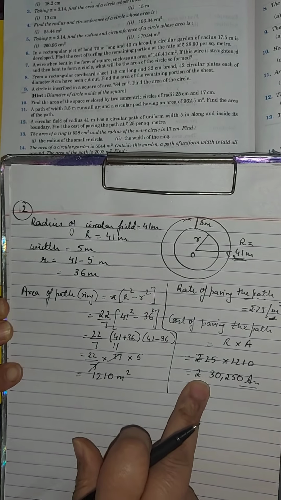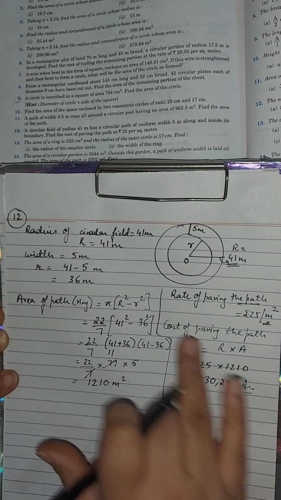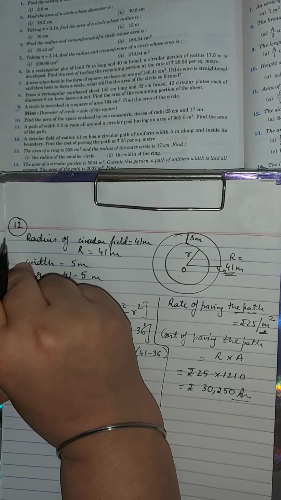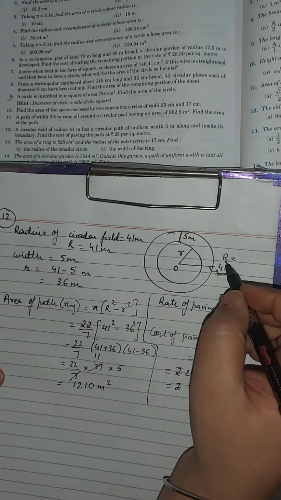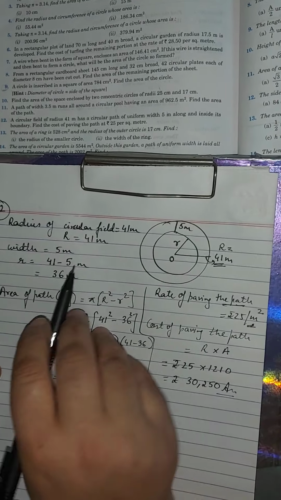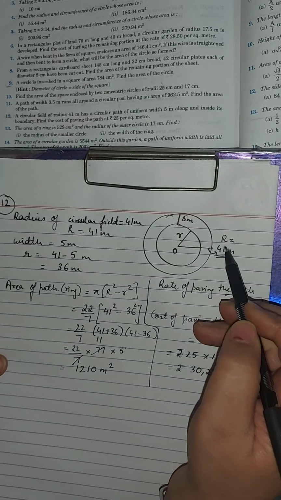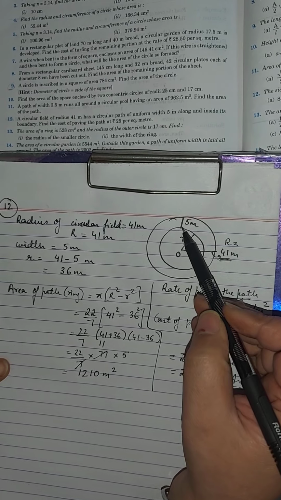You will do the calculation yourself and you will find the cost of paving the path. It is a simple trick in these type of question. If capital R is given and you have to find small r, you will subtract the width. And if small r is given and you have to find the capital R, then you have to add the width.